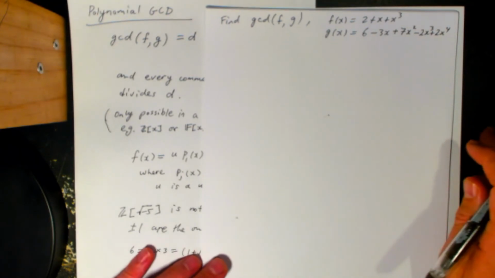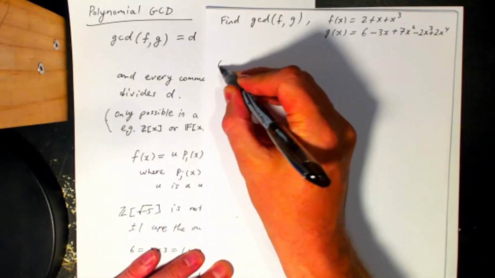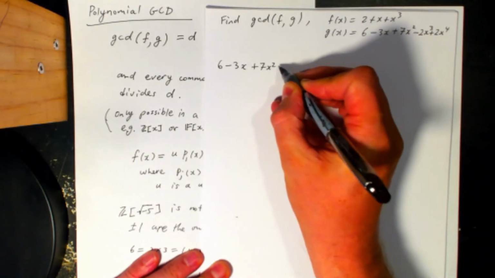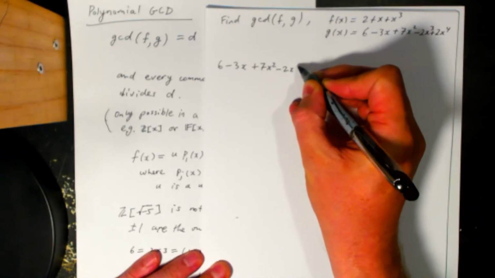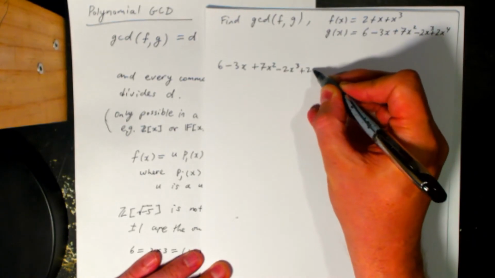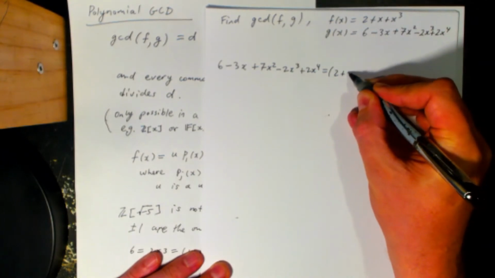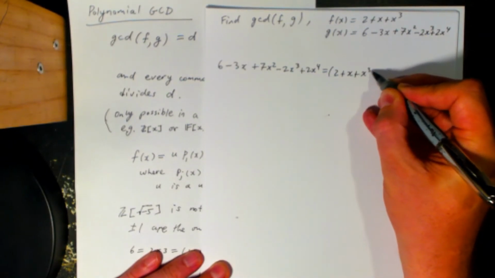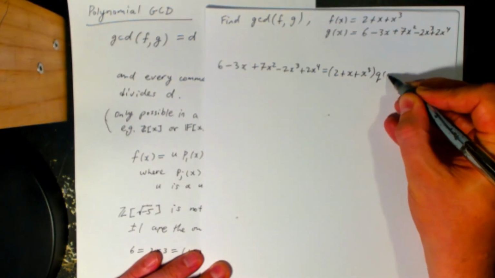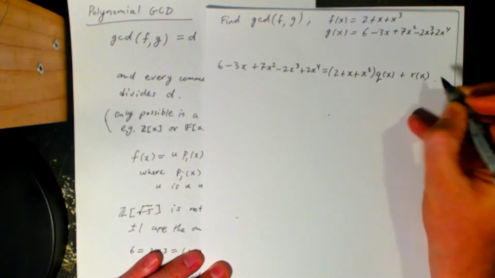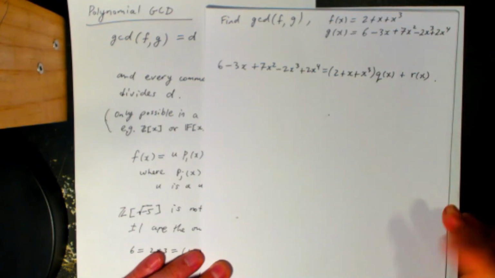So again we want to write g of x equal to (2 plus x cubed) times q of x plus r of x, and we want to find this quotient and remainder.